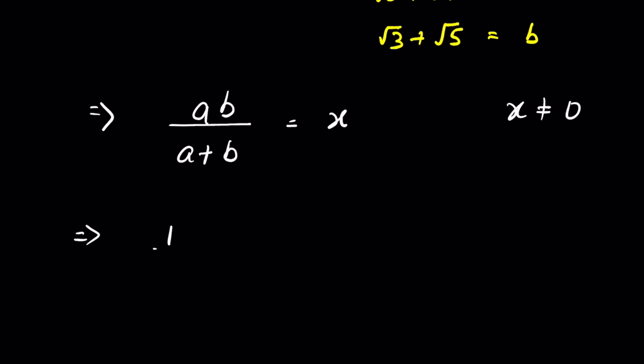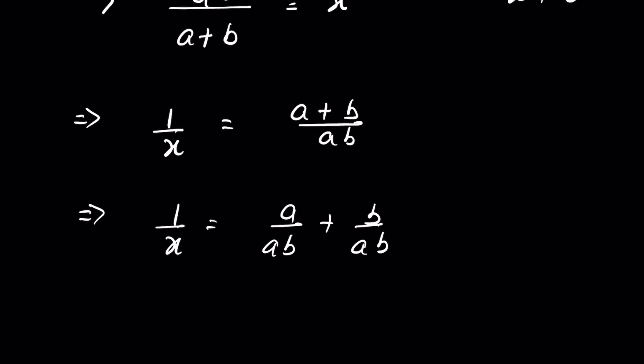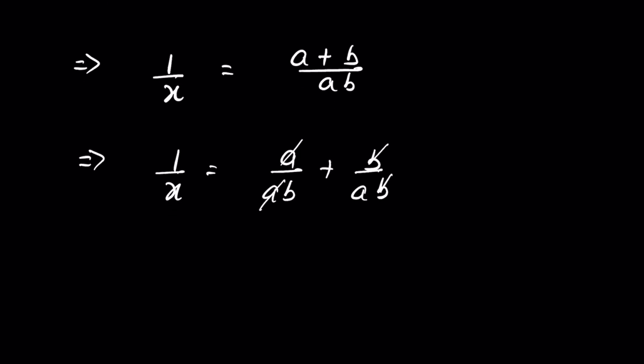or 1 upon x then will be a plus b upon ab, or 1 upon x is equal to a upon ab plus b upon ab. The common denominator here is ab. Now a and a gets cancelled here, and here b and b gets cancelled.